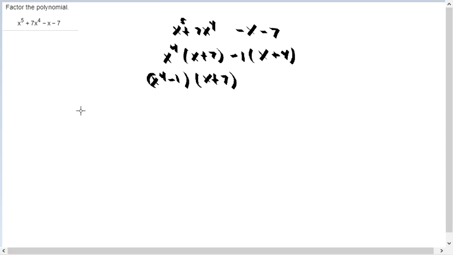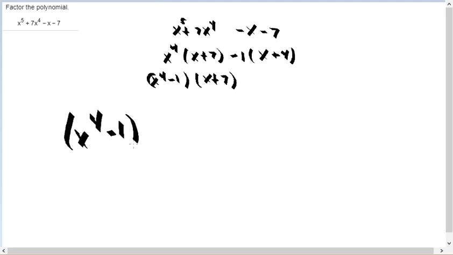Let's take a look at x to the 4th minus 1, this piece right here, so we can write that as x squared to the second power minus 1, because x squared squared is x to the 4th.